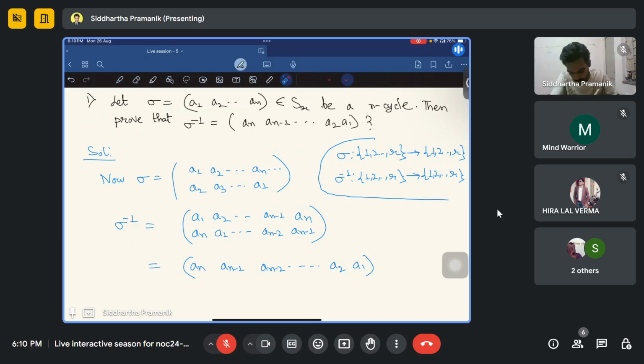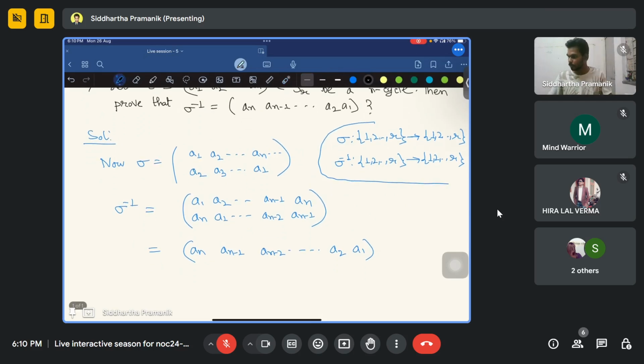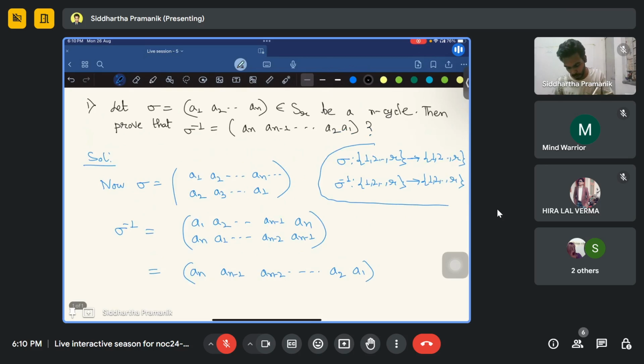So the conclusion is, if you have an n-cycle, then its inverse is also an n-cycle, and you just have to write it in the reverse order. Okay, let's move on to the next problem.